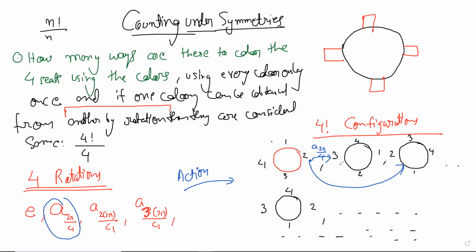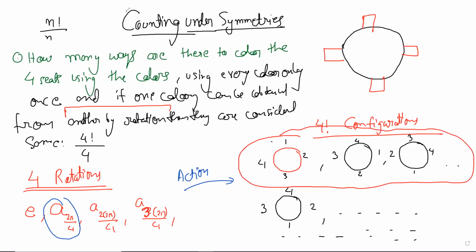So basically from every place there are three more places you can go. And when you go to the different places, all these different configurations are now grouped together, and they are considered the same, right?